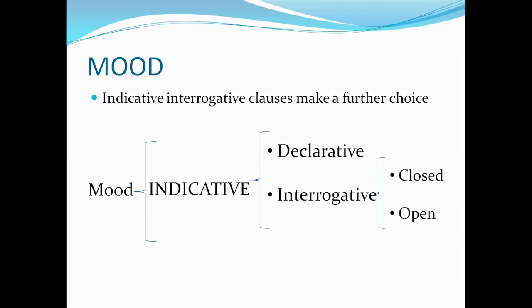It's very simple, right? It's very necessary for you also. Do not be confused. Declarative means declarative sentence, and the other is interrogative sentence. These two come under indicative mood.